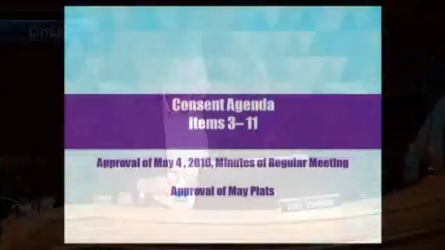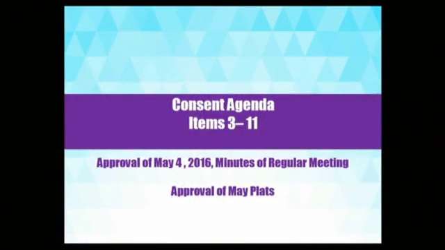Go ahead and get rolling with the business here with the review of the consent agenda. Denise? Thank you, Mr. Vice Chair. Item 1, approval of May 4, 2016 minutes of regular meeting. Item 2, May plats.